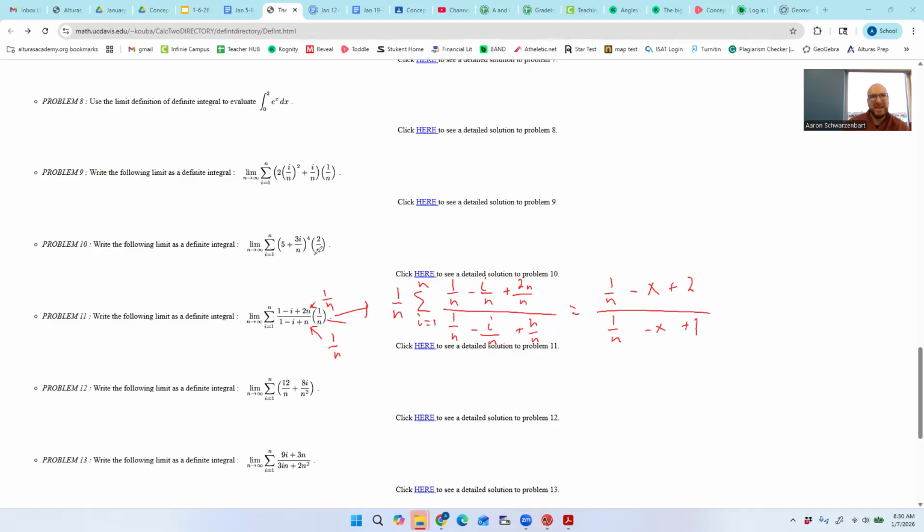I over n is the x because that's essentially my counter as I'm going along. As I'm doing this, I is a counter, it's which box am I at? Each one has a width of 1 over n, so it's counting my way across. And so that translates into the x.